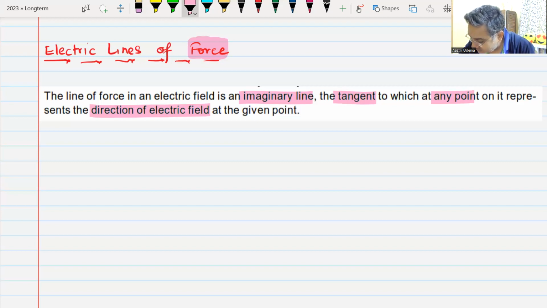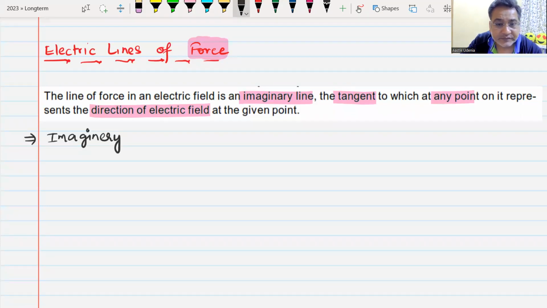Do we understand this? You can write them point-wise. These electric field lines are imaginary. Do we understand this? Yes, sir. They are not real. You understand this? Yes, sir.